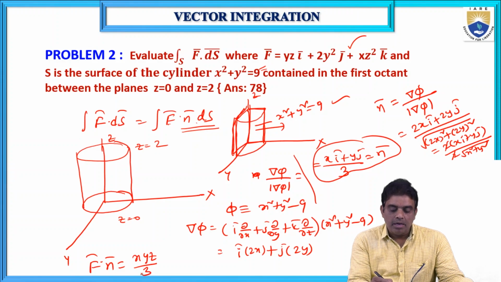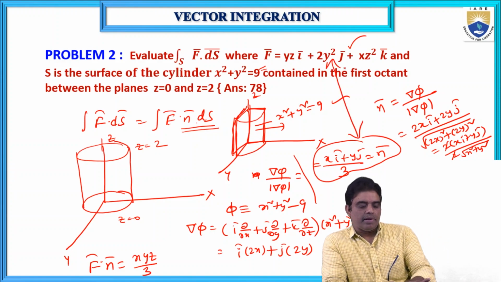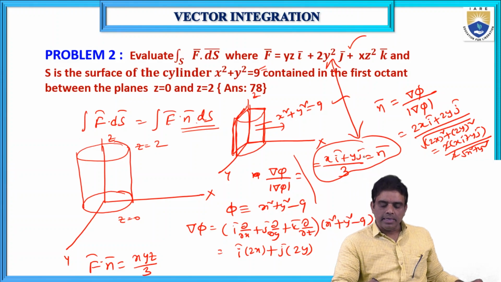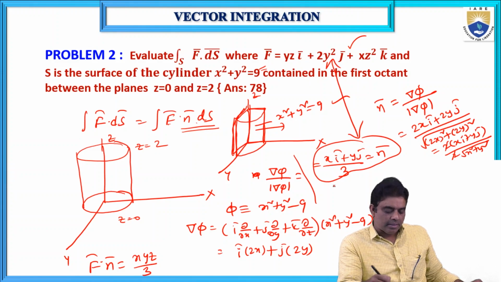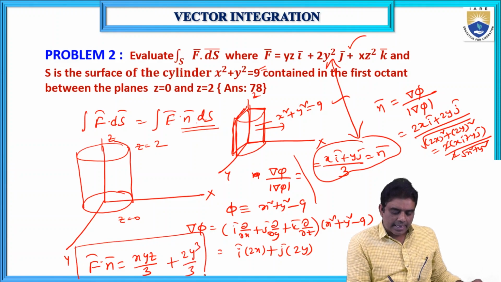Dot product means i bar dot i bar is 1, j bar dot j bar is 1, and the remaining are all zeros. k bar dot k bar is also 1, but here there is no k bar term. So x by 3 into yz gives xyz by 3, plus j bar dot j bar gives 2y cube by 3. This is f bar dot n cap.